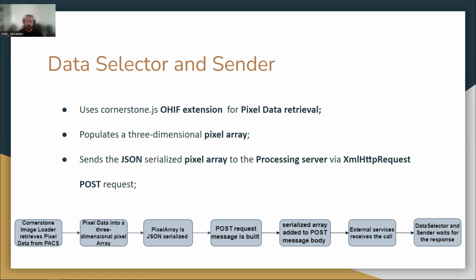It uses Cornerstone.js to extract the pixel data from the image being visualized to be loaded into a three-dimensional array. Then it is serialized into JSON to be sent as a POST request to the external processing server. It then waits for the response, and then calls the next extension, the display set builder.